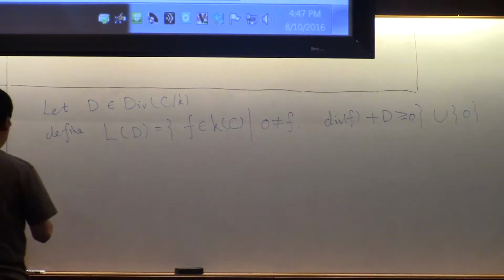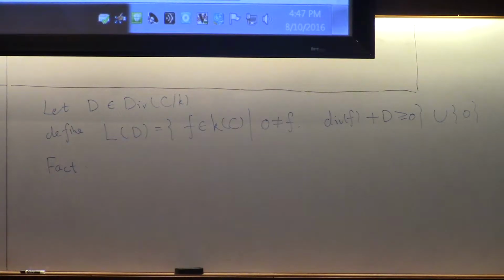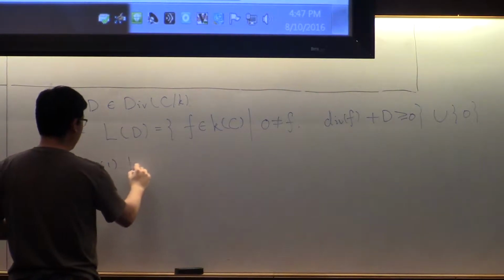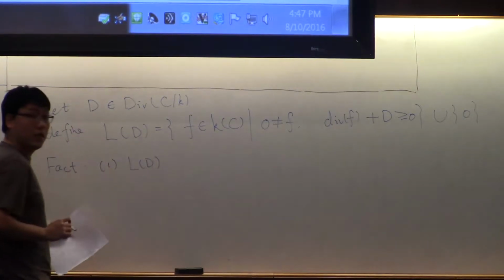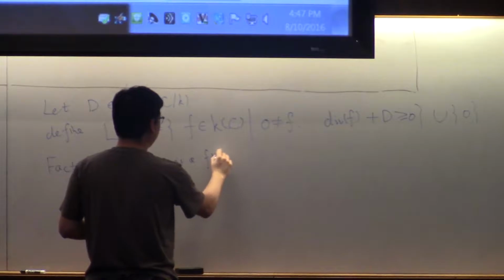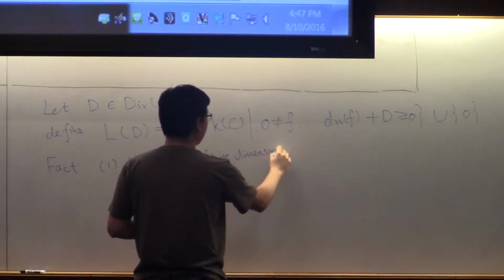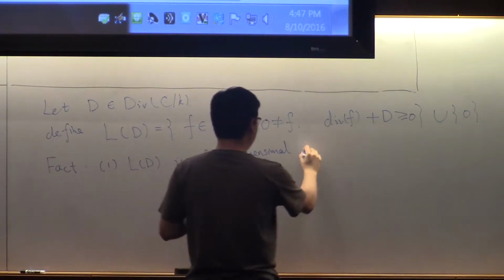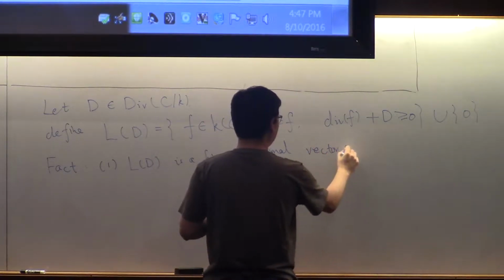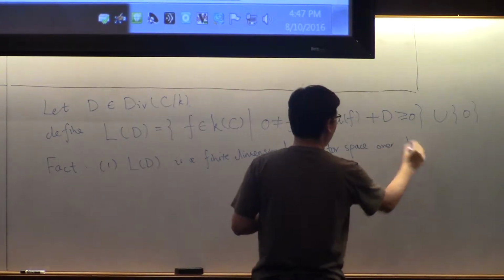We have some facts on this set. The first one, this is a finite dimensional vector space over K.